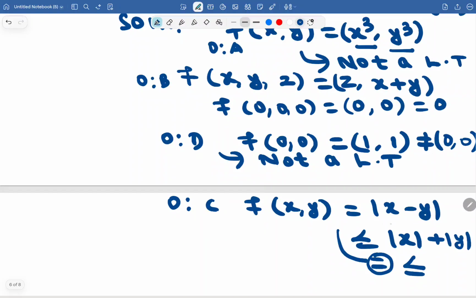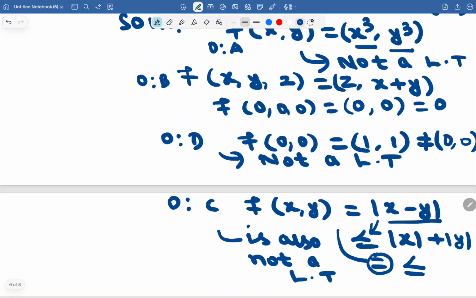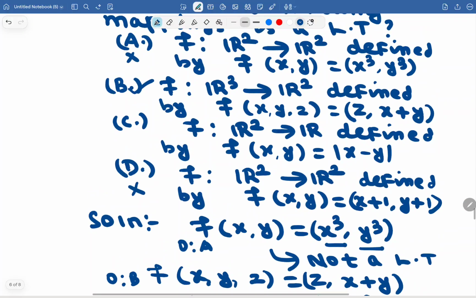Here it is in the form of an inequality. If it is an equality, then we can say it is a linear transformation. Since for modulus we are using less than or equal to, option C is also not a linear transformation. For this problem, only option B is the answer.